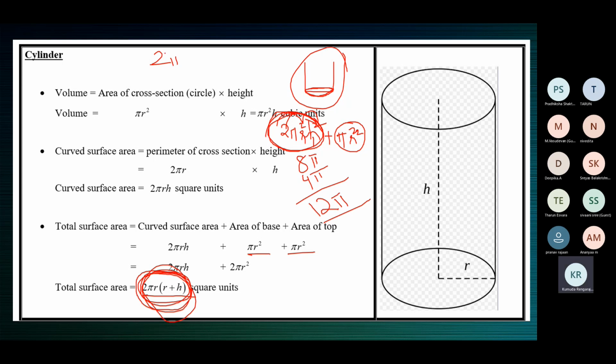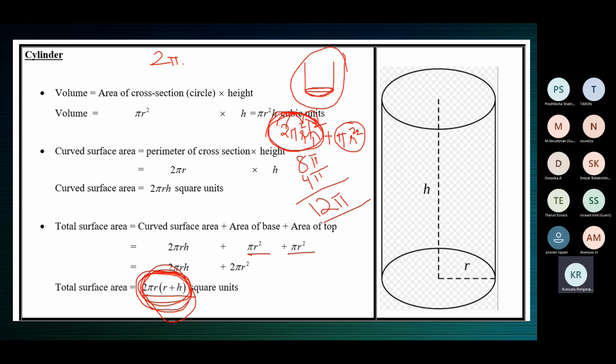So the total surface area of a glass tumbler. Whenever we say surface area, we include only one area, either the inside area or the outside area. You should not find both. If the question is to find the total area of the glass from inside and outside, then you have to do it 2 times.